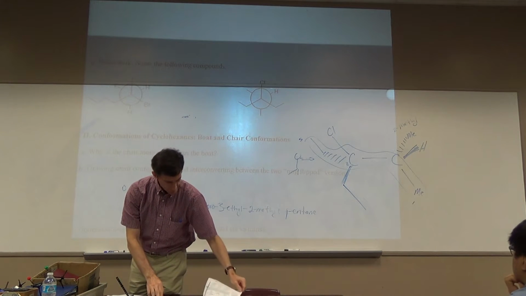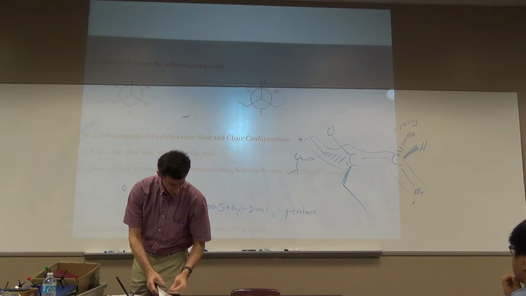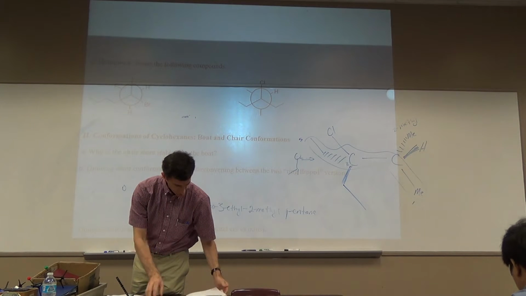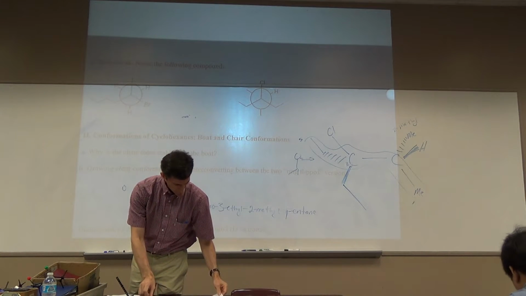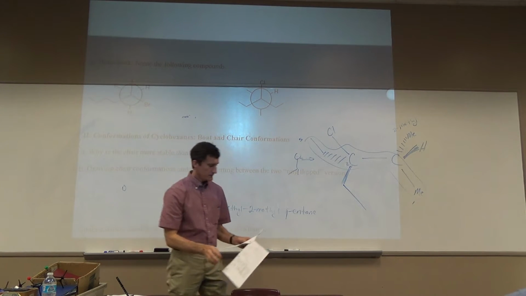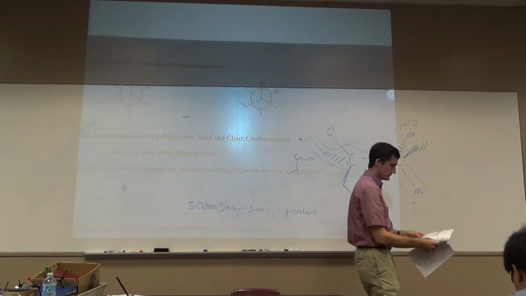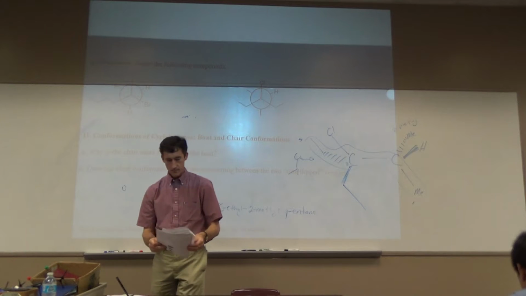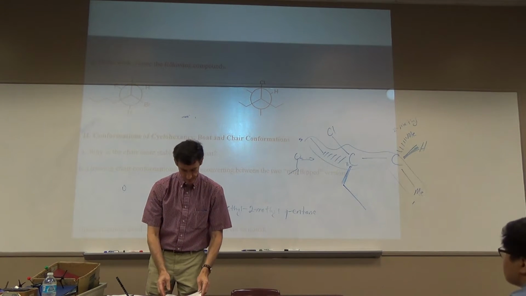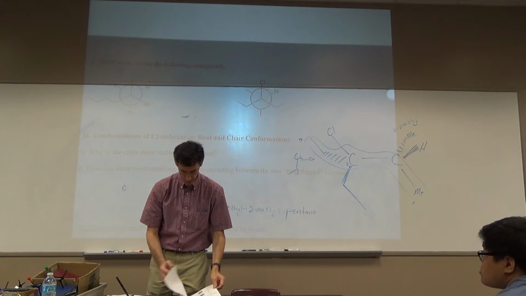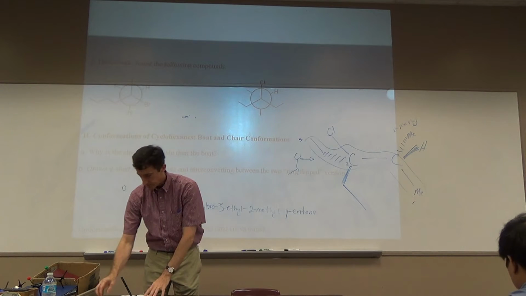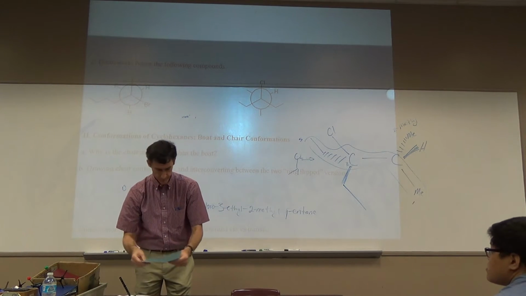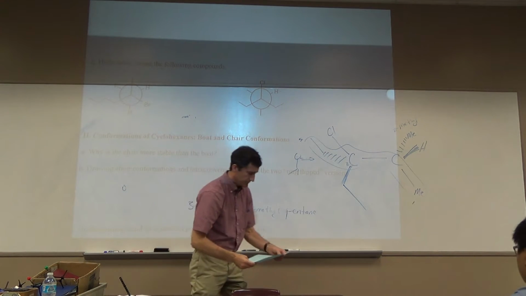We need to now look at our last major topic for the test, and that is conformations of cyclohexanes. Very last page. Actually, there is no page. The blue. Yeah, the blue has a good bit.